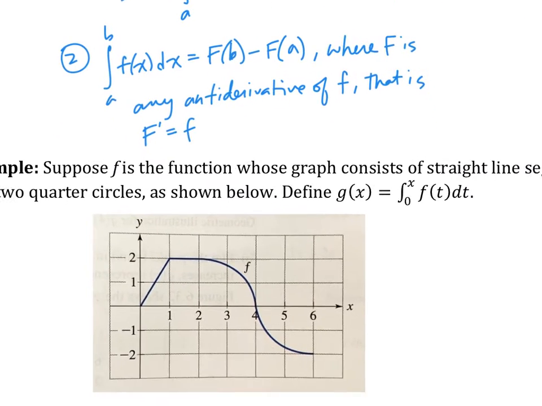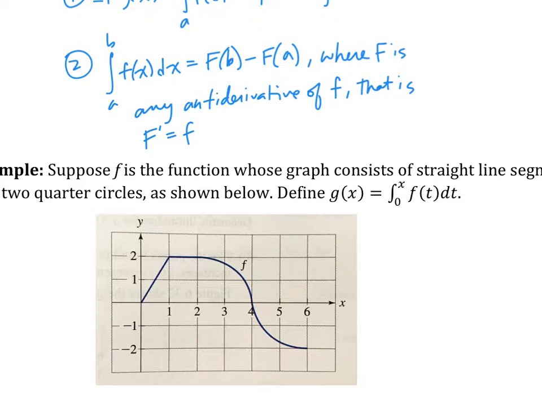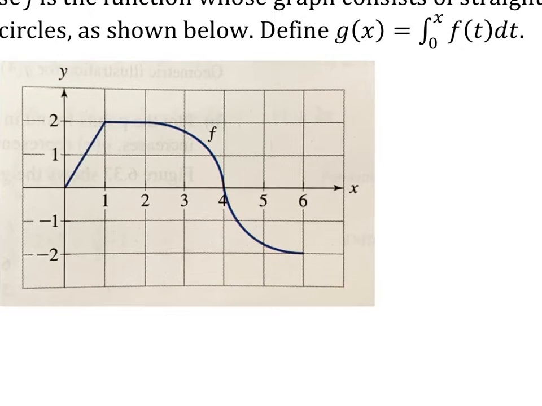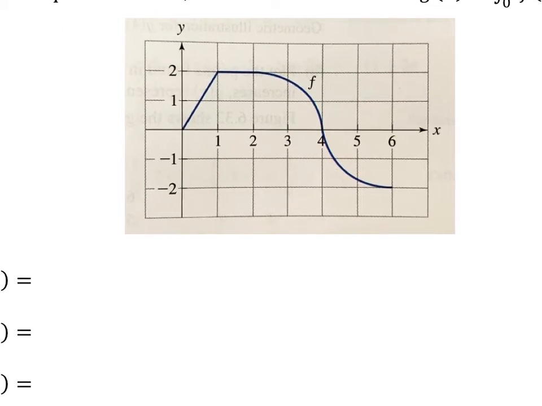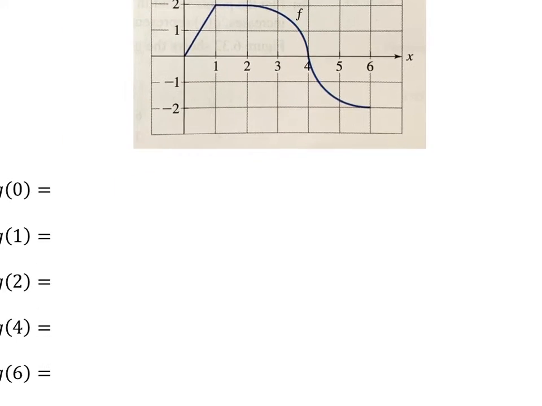Suppose that f is the function whose graph consists of straight line segments and 2 quarter circles as shown below, defined as g of x is equal to the integral from 0 to x of f of t dt, and this function here is f. Figure out what each one of these are. That should be pretty easy.